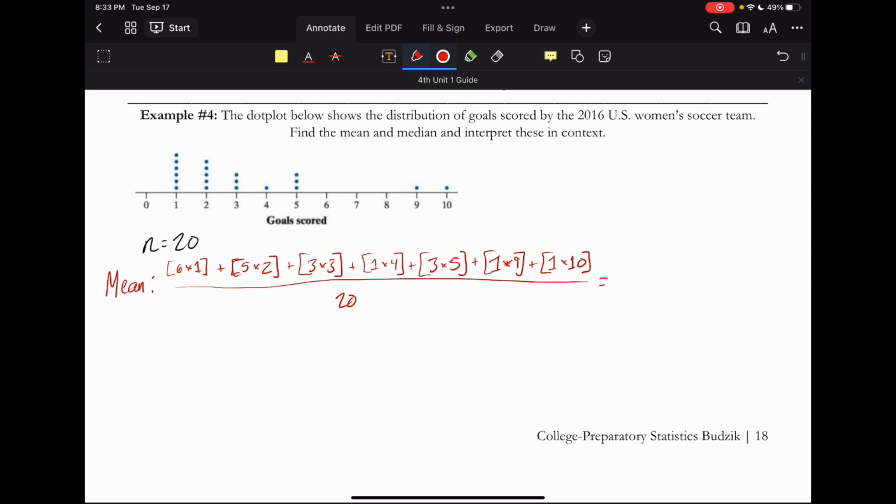So that's then going to get me 6 plus 10 plus 9 plus 4 plus 15 plus 9 plus 10, and I'm going to divide that by 20. So that gets me an approximate mean, or a mean of 3.15.